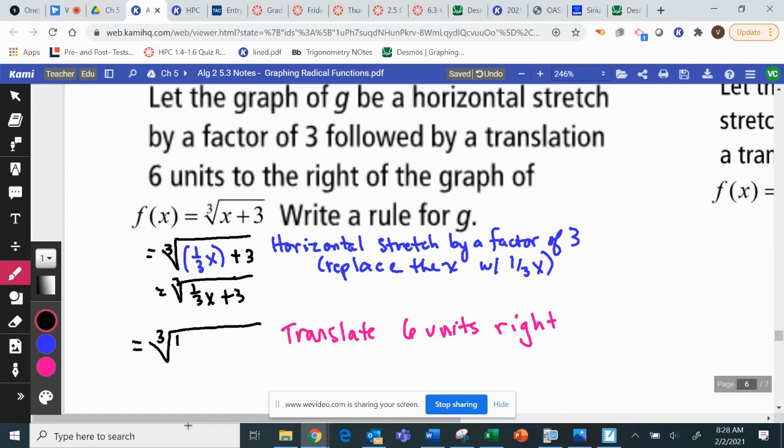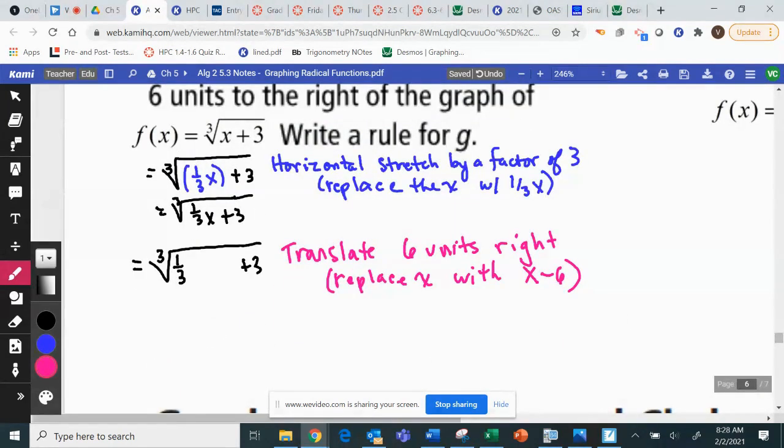All right, so now we're going to replace the x because this is a horizontal translation. We're going to replace the x with something that has to have an x in it. This is a translation 6 units to the right, so we're going to minus 6. To go to the right, we minus 6. So I'm going to replace this with x minus 6.